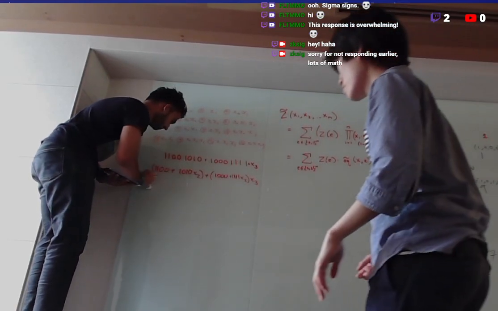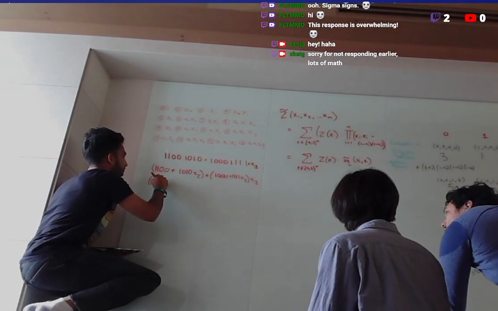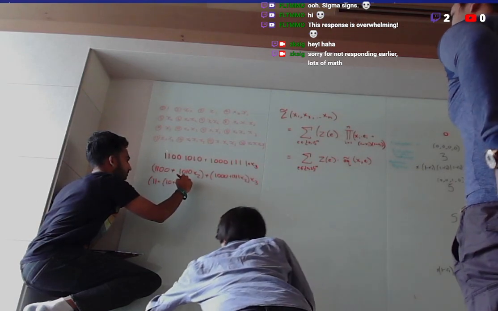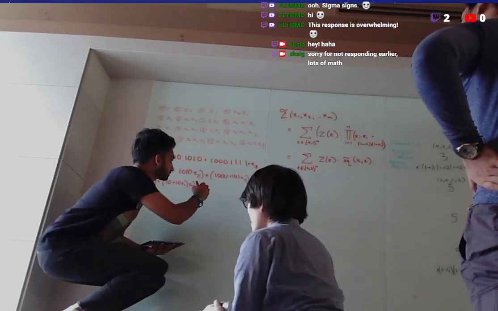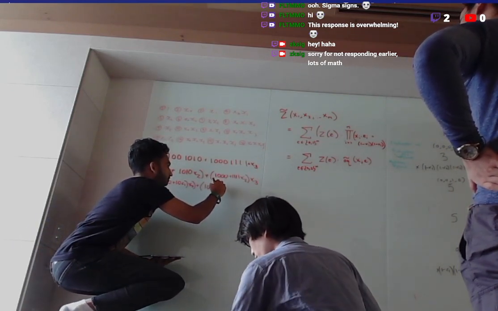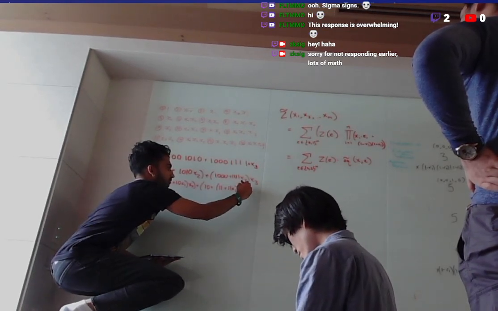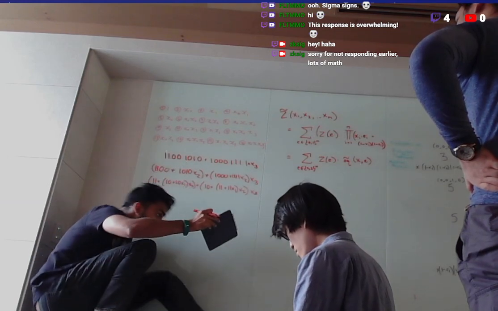I'm going to make more space so we can fit everything into one line. So 1 1 plus 1 0 plus 1 0 x1 x2, 1 0 plus 1 1 plus 1 1 x1. And then we can finish this off.